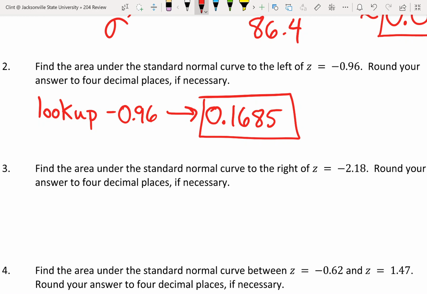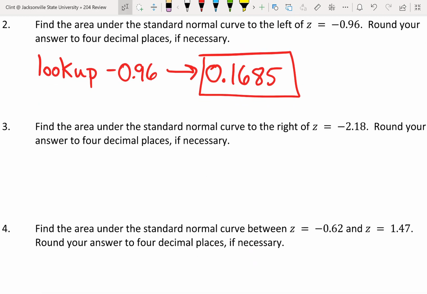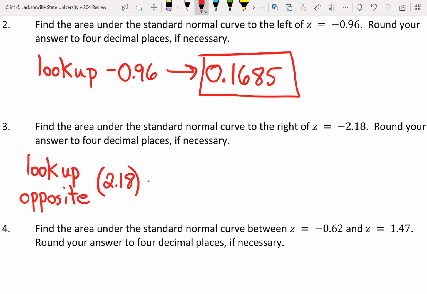Number 3 is similar, but this time we're looking for the area to the right of our z value, negative 2.18. The way I'm going to do it is look up the opposite, which in this case would be positive 2.18. So look for positive 2.1, last digit is 8.